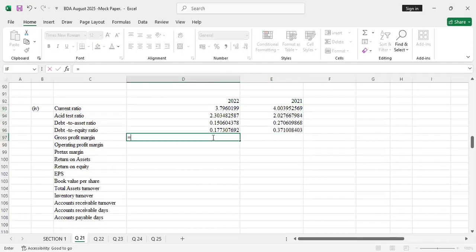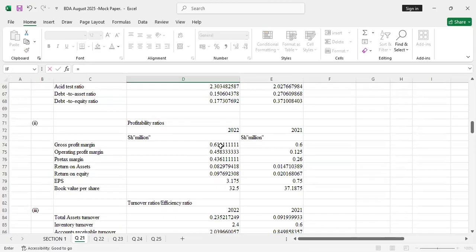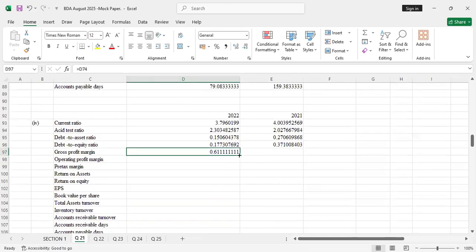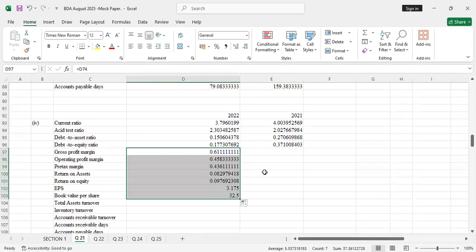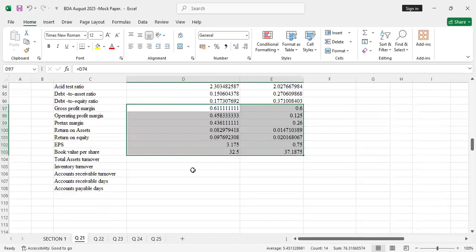Then I'll go to the gross profit margin, which is under profitability, and I also pick that value. So at that point, I can decide to drag up to book value per share. Then I'll do the same here, come here, drag that, then I drag all the way to book value.